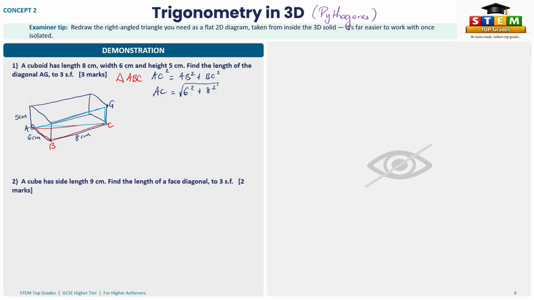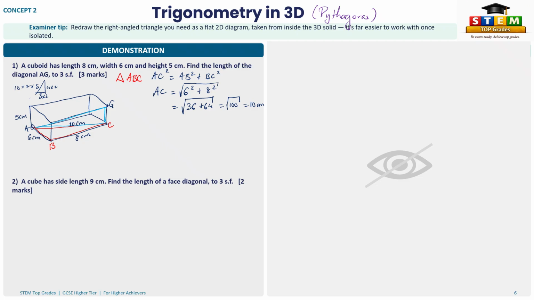Now, for those people who know the Pythagorean triplet 3, 4, 5, you can see here we have 6 and 8, so everything is multiplied by 2. So I know the answer is going to be 10. But I've got to show the method. 36 plus 64 gives me the square root of 100, and that gives me 10. The unit is centimeters, so that's 10 centimeters long.